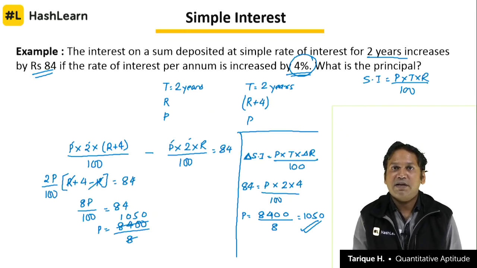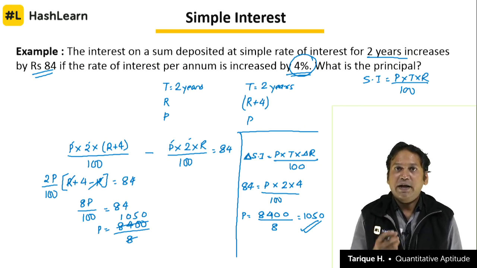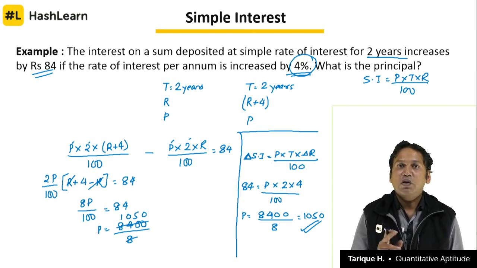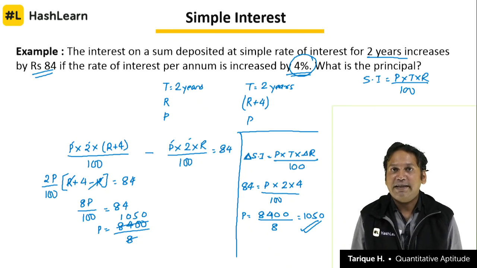For every question I have discussed the basic concept as well as the direct technique. So concept building should also be there, and speed development should also be there, so that you can solve tricky questions and also solve questions within the given time in the examination.